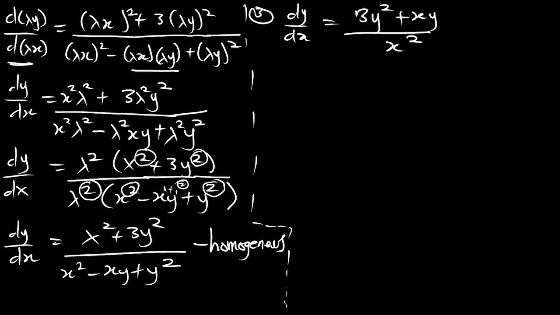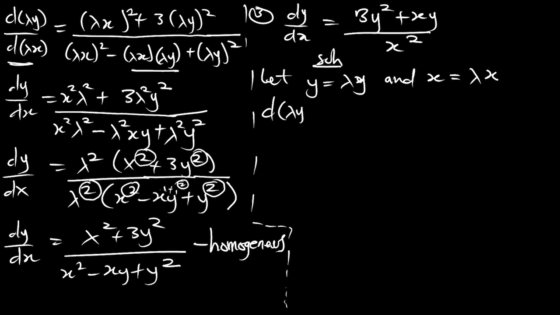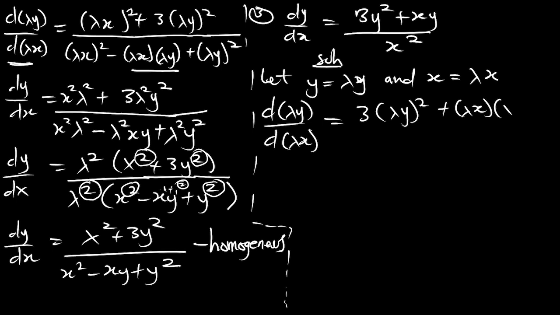So here we are going to say let our y be equal to lambda y and our x be equal to lambda x. So straight away we put it in: lambda y on lambda x equal to 3y all squared plus lambda x lambda y, everything on lambda x all squared.